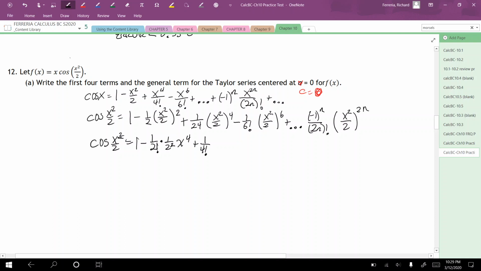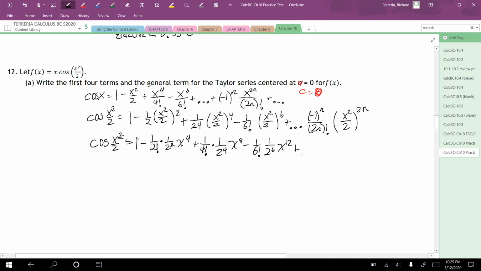And this is 2 to the 4th power. Good reminder for you that it's not always necessary to multiply that power out. And that's x to the 8th power minus 1 over 6 factorial, 1 over 2 to the 6th power, and then x to the 12th.